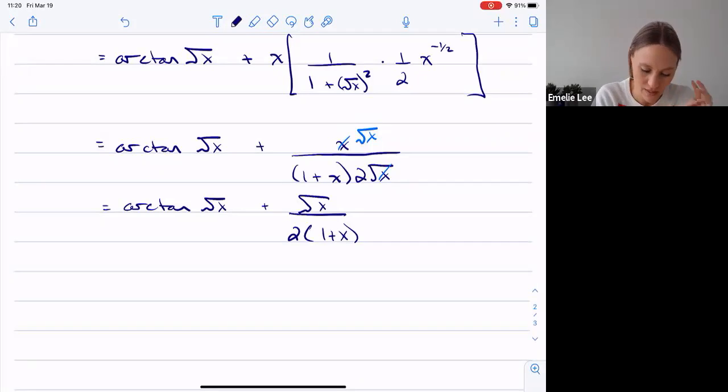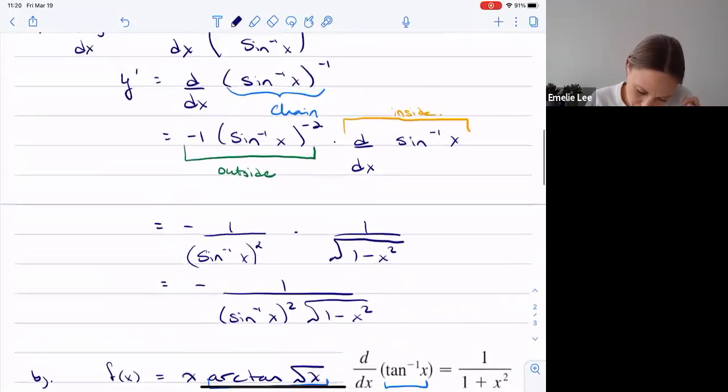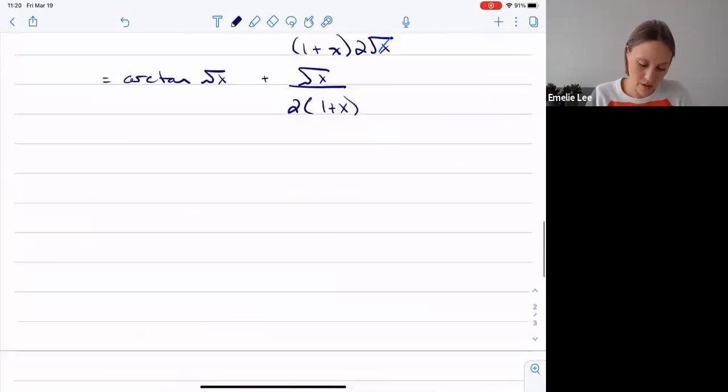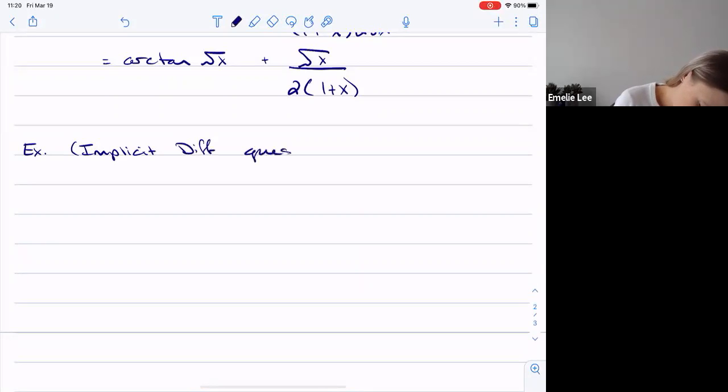So let's do an implicit differentiation example, and I'll just clarify that this is an implicit differentiation question from an old final.